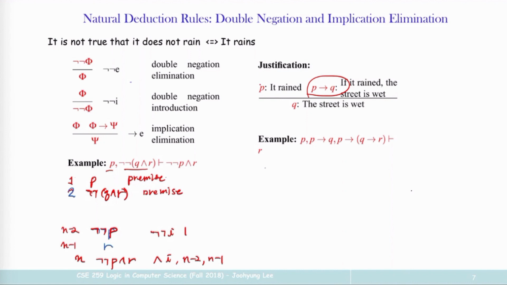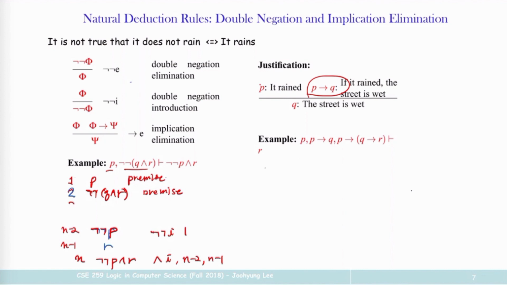Again, what we can use is the first two lines. How can we derive R? Can you do a double negation elimination for the parentheses in line 2? Yes. That's a good idea.